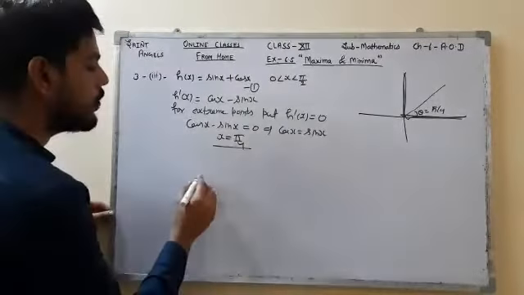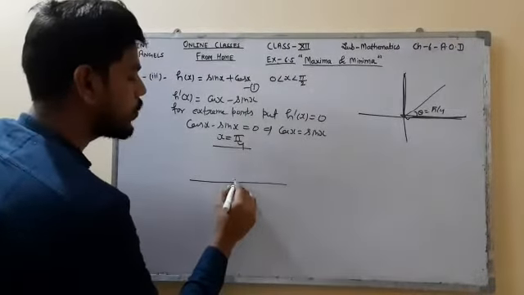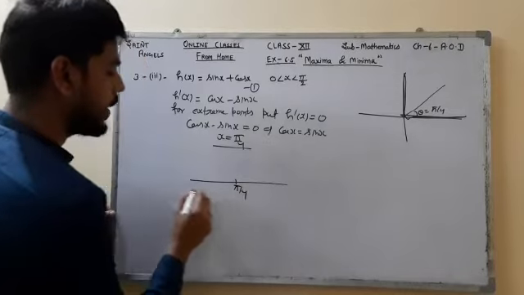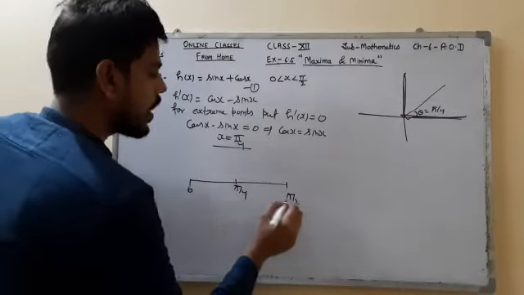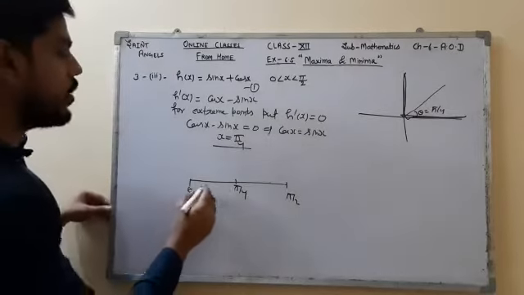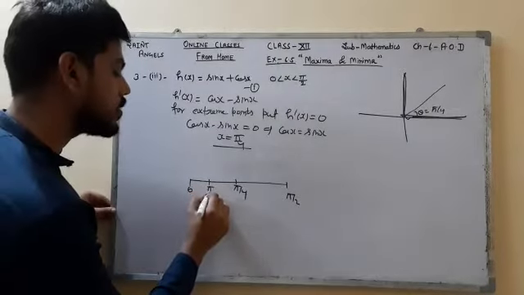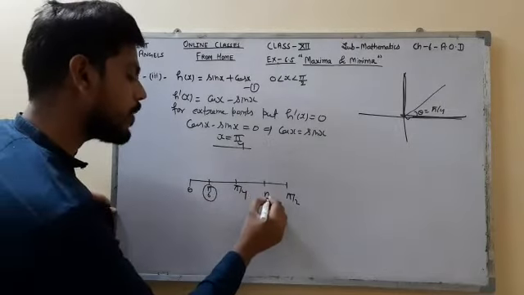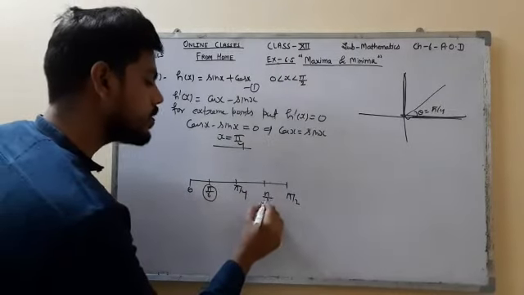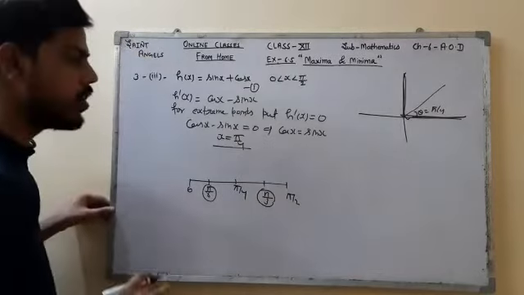Now I will draw the critical point here, and my interval is 0 to pi by 4. I will take the test value pi by 6 for this interval and the test value pi by 3 for the other interval.